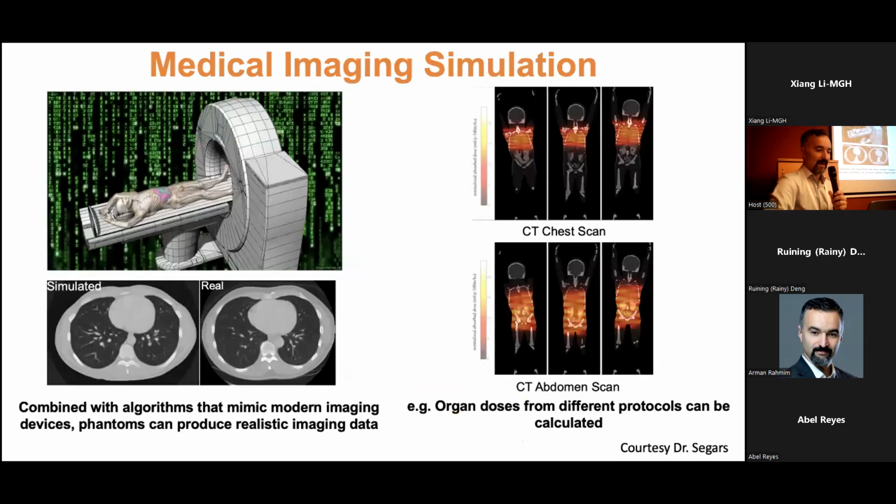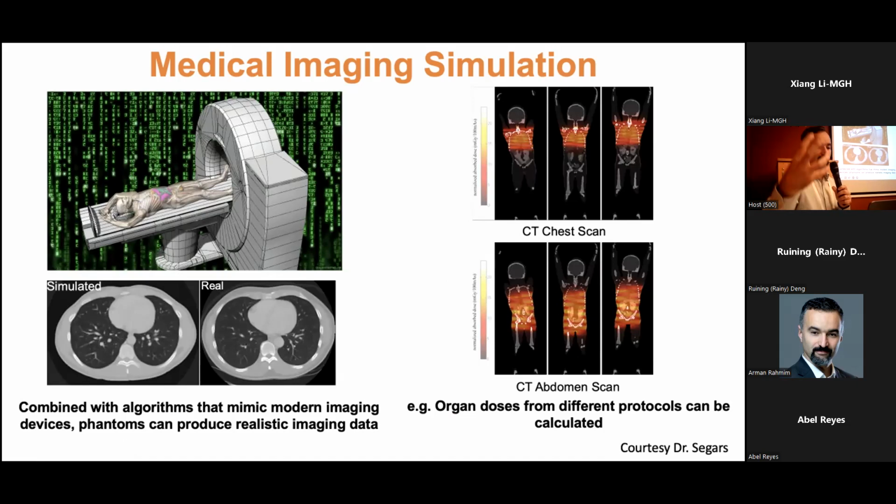So again, in the past, these phantoms have been used for different purposes than what we want to use them for now. They've been used, for example, for simulating virtual scanners, for optimizing designs of future scanners, or for looking at different imaging protocols to see which protocol is better.